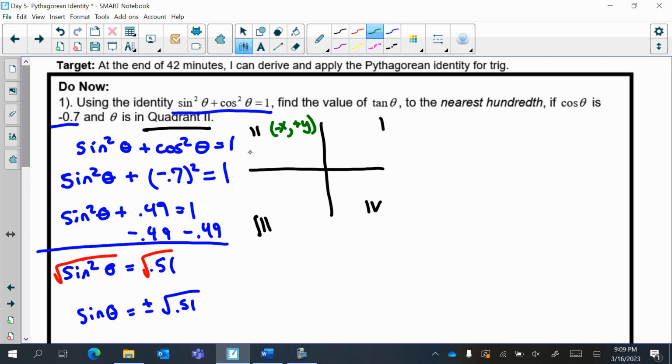What that means is that we have negative cosine and positive sine theta, right? Because cosine is x and sine is y. So that means we are just going to keep the positive value. We're going to reject the negative, and we have sine theta is equal to positive square root of 0.51.